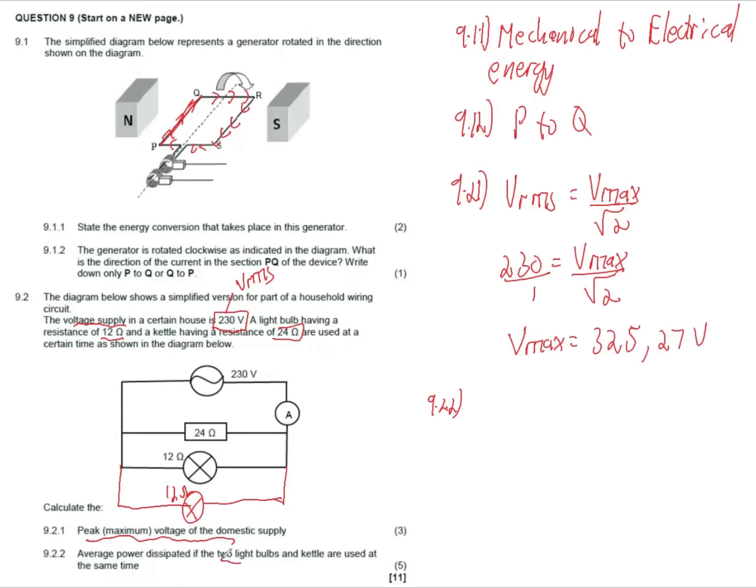So note that they said 2 light bulbs and a kettle. So this is our kettle having a resistance of 24 ohms, and these are our 2 light bulbs. In this case, the first thing that we have to do is calculate the effective resistance of these parallel resistors. So this is 1 over Rp equals 1 over R1 plus 1 over R2 plus 1 over R3. So we are going to have 1 over 24 plus 1 over 12 plus 1 over 12.